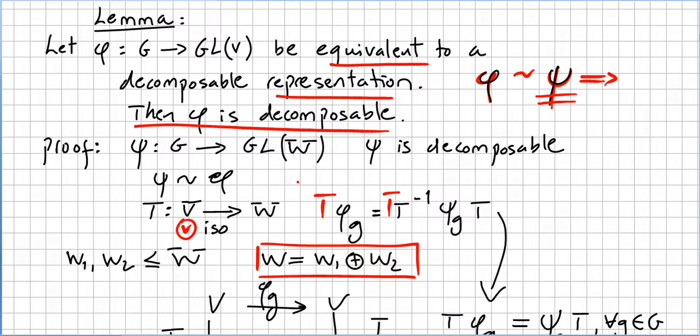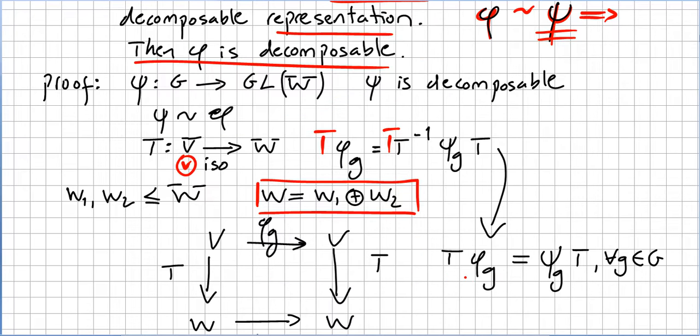In a certain way, we use the fact that phi of g is related to psi g by the transformation T, because psi is the one that we know is decomposable.